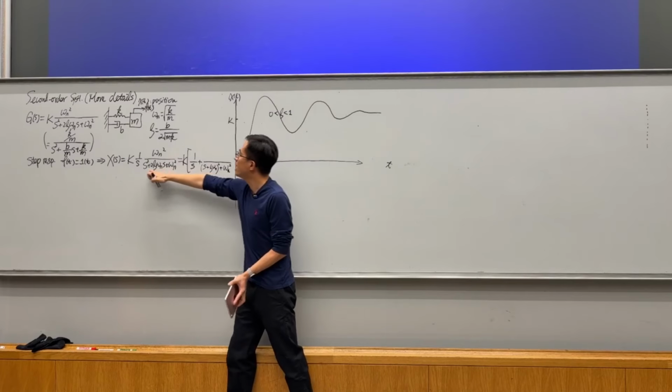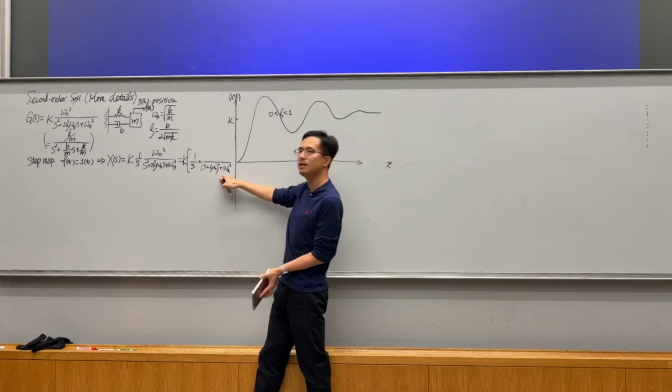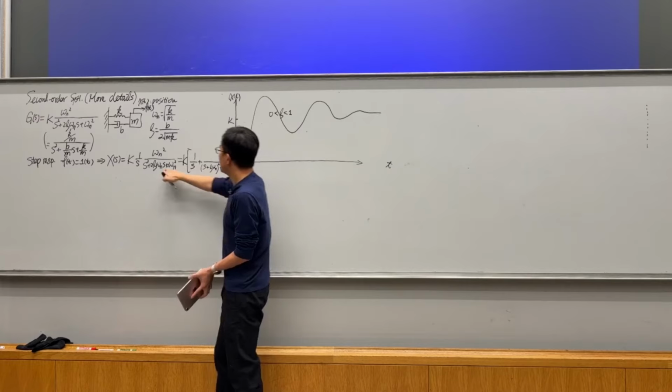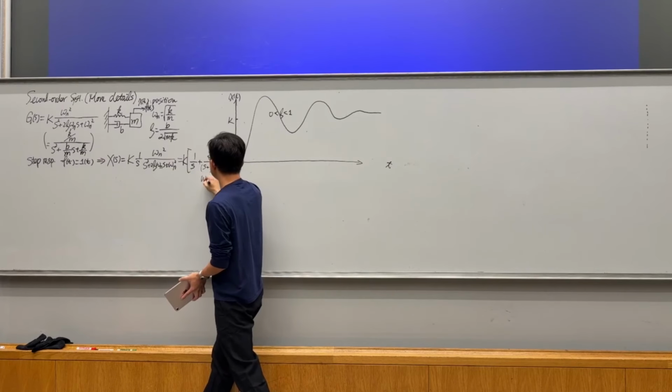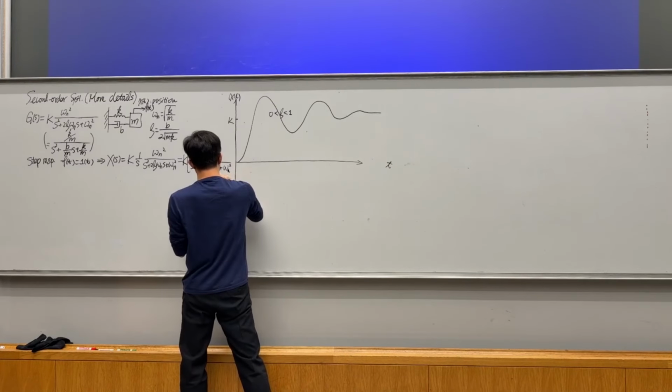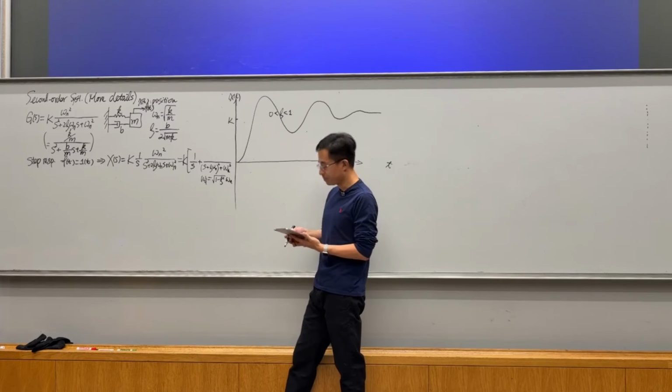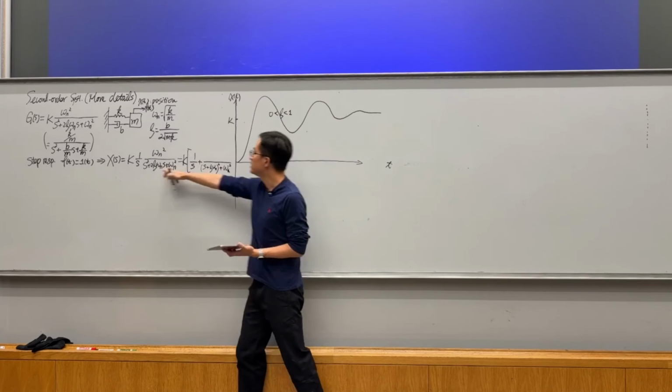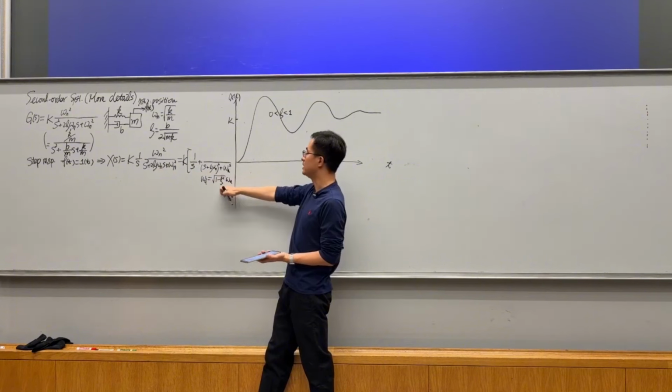We want to write the denominator in a way that's easier to recognize from the Laplace transform tables. And we know that omega d, the damped natural frequency, is the square root of 1 minus zeta squared times omega n. This is just writing it slightly differently, and we derived the details last time.